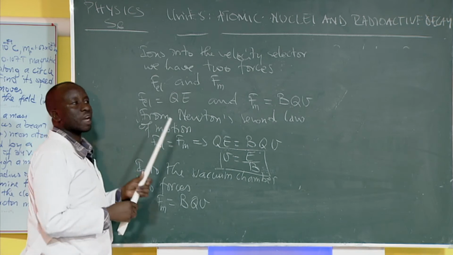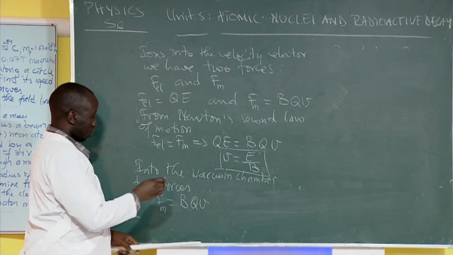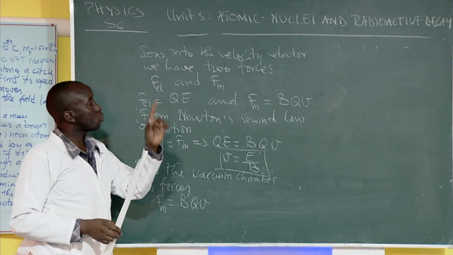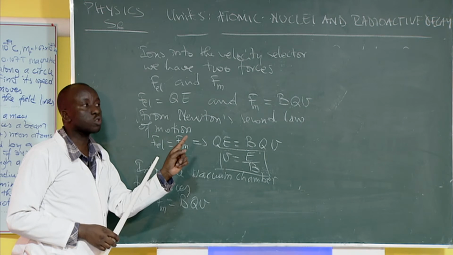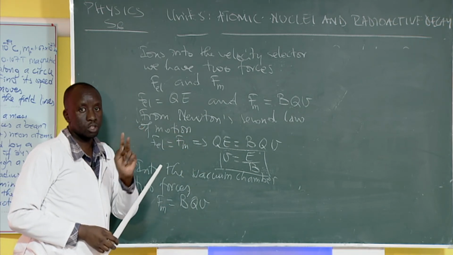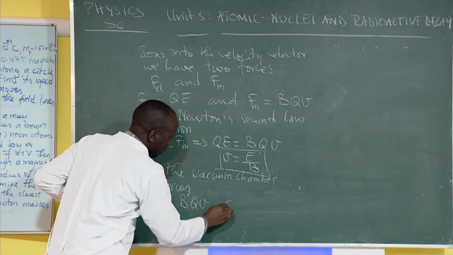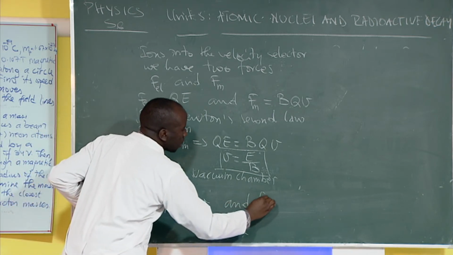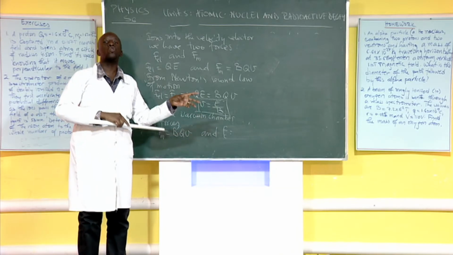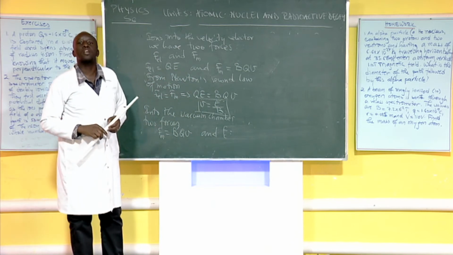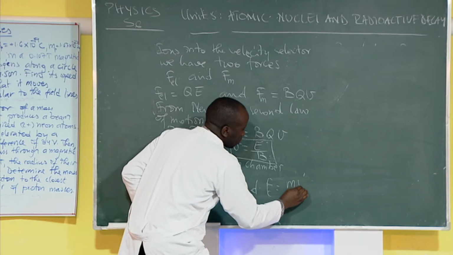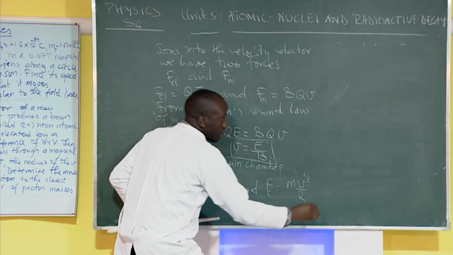Now, this magnetic field into the vacuum chamber, let's call it B prime, because we have one magnetic field into the velocity selector, and we have another one here into the vacuum chamber. And another force will now be the centripetal force, because these ions are now following the circular path. And then we have the mass times v square over the radius.